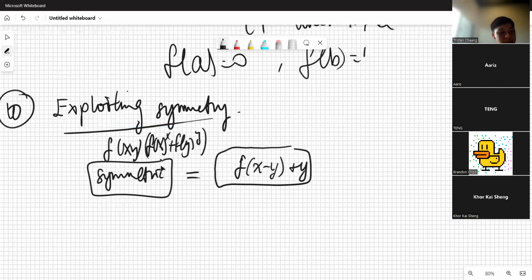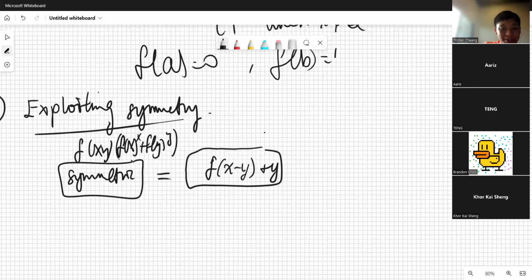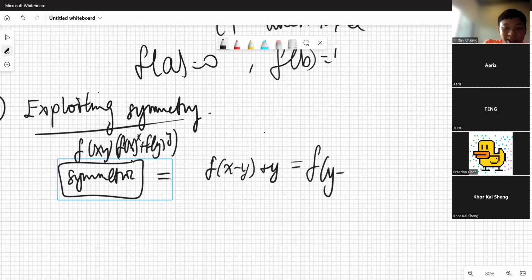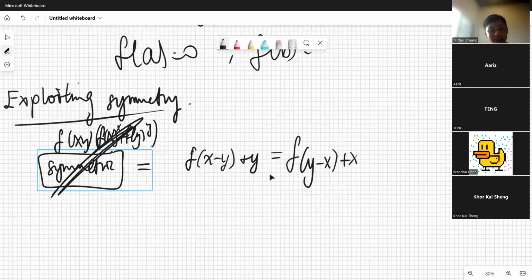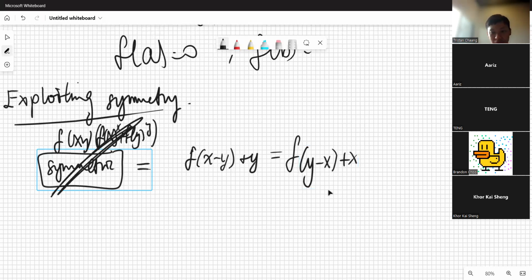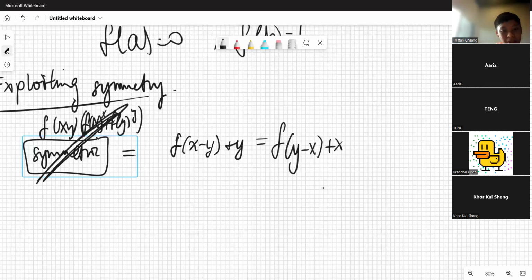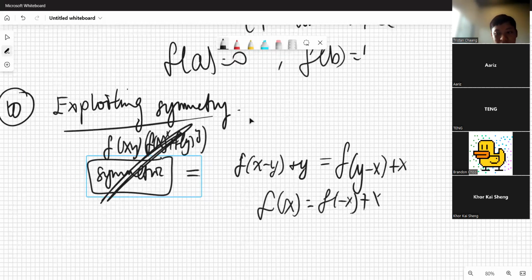Then you know if we swap x and y, the left-hand side won't change, but the right-hand side will. And if we swap, they must be equal because they are both equal to the left-hand side. So there will be f(y - x) + x. So whatever this is, you didn't even care. You get this new condition that you have. And is it useful? Maybe. Like from here, you can say f(x) equals f(-x) + x and so on. But of course, we need other information to solve this. So that's exploiting symmetry.